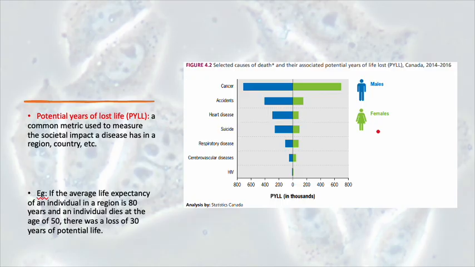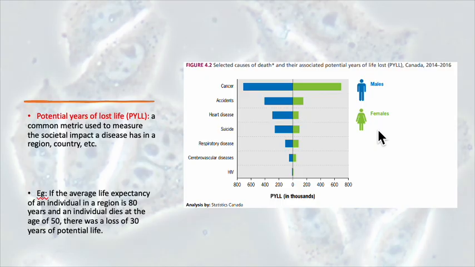Now, many causes of death, of course, exist, and here are some of the most common causes of death, particularly that we see in Canada. So this chart is for 2014 to 2016. The largest component here, as we can see in Canada, that has contributed to years of life lost is largely cancer for both men and women, so for both males and females.